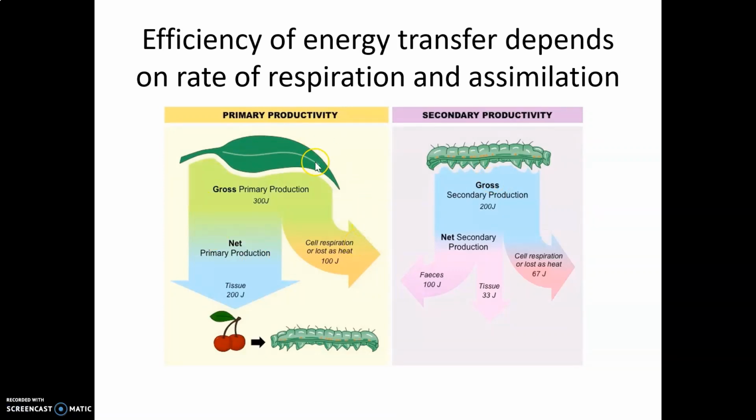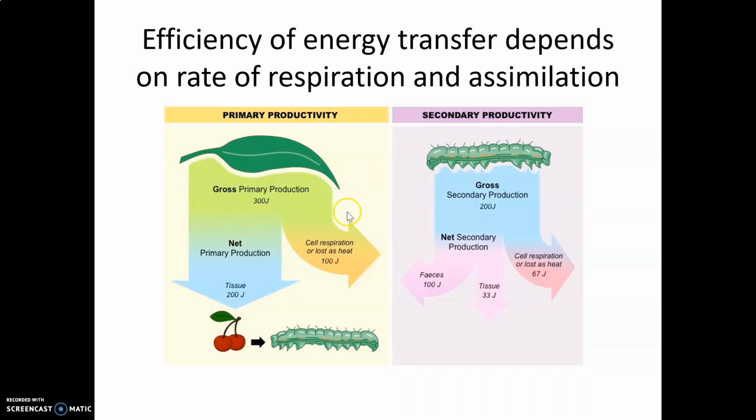And what also makes ecosystems different, or at least food chains different, is the fact that apart from different primary productivity, the efficiency of energy transfer between the different trophic levels could also be different, right?